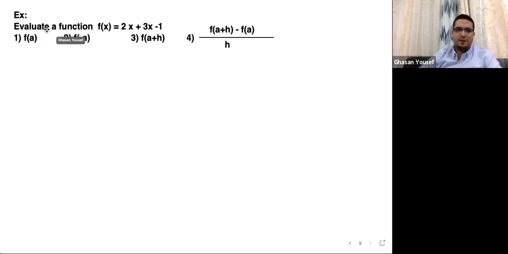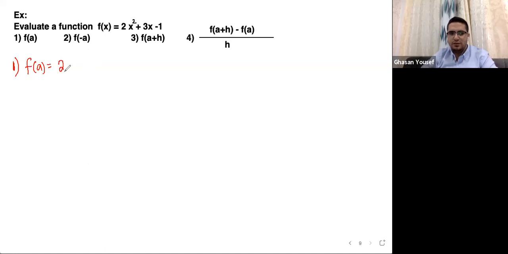Okay, here we have a square. Who will do the first one? Plug the a inside the function. Number one, f of a. Just remove the x and put a instead.